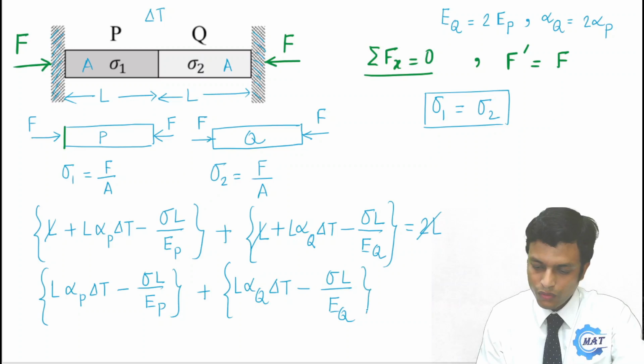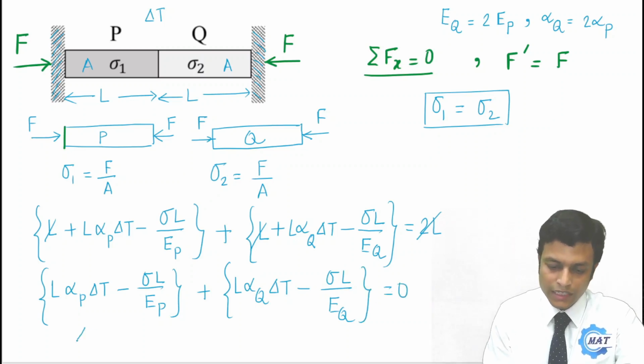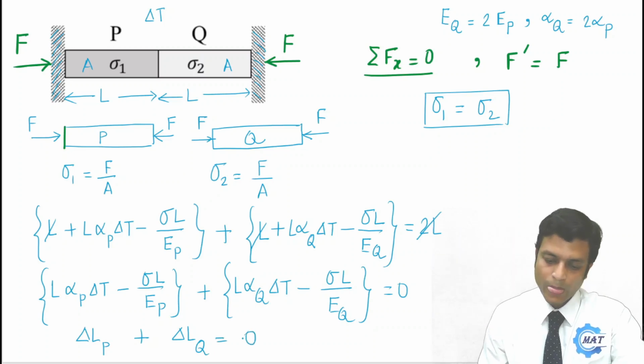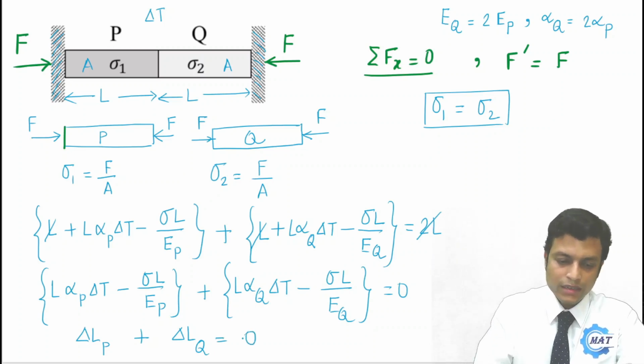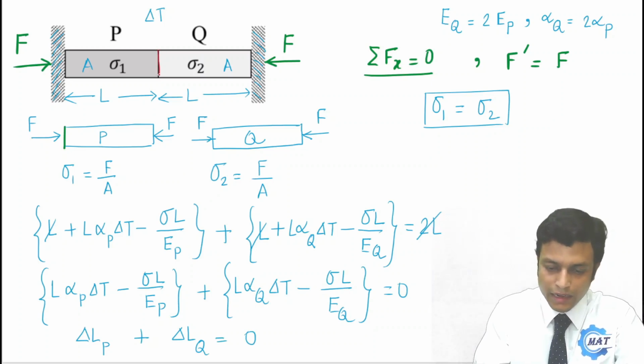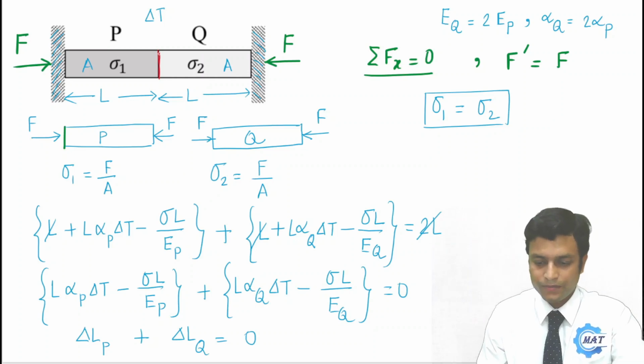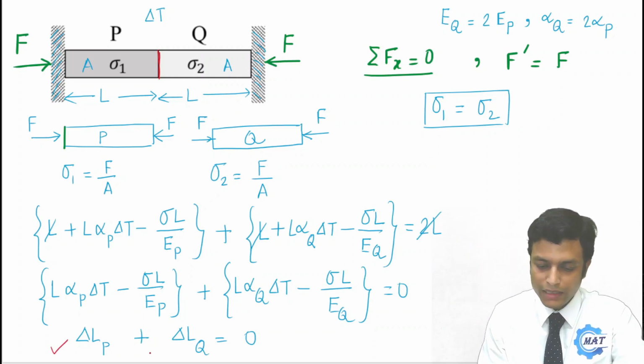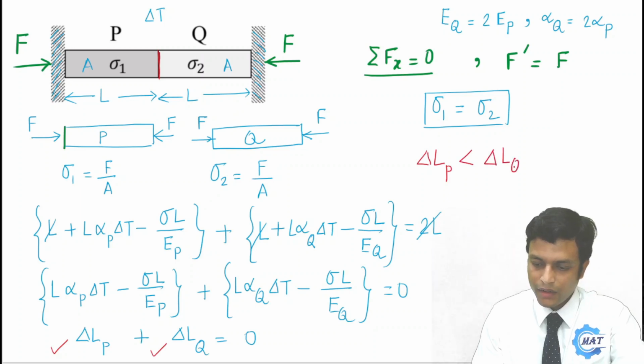So change in length of P plus change in length of Q is 0. But here we have to find in which direction this interface will move. From these two expressions, we can easily understand that delta L P is less than delta L Q.